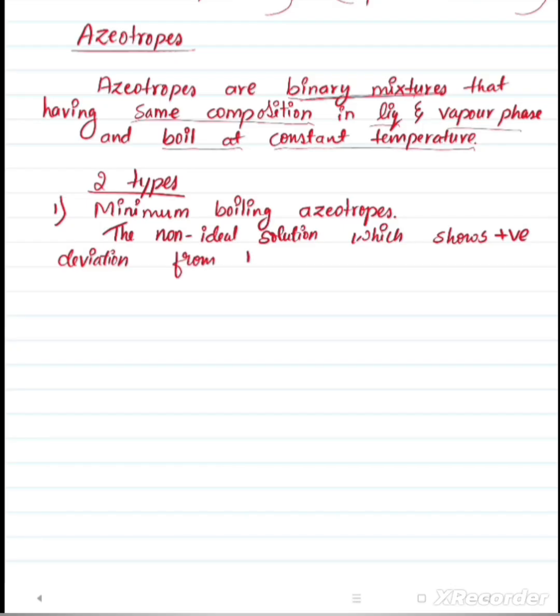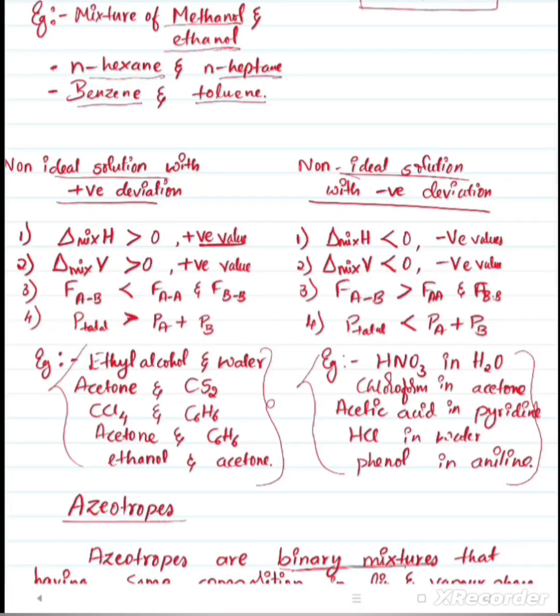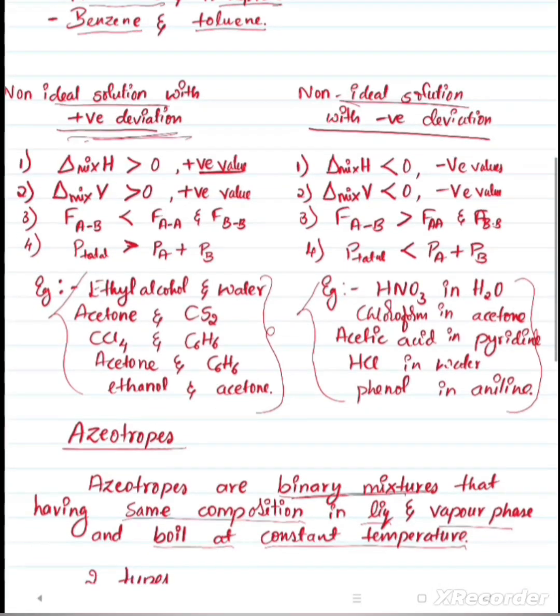Minimum boiling azeotropes means the non-ideal solution which shows positive deviation from Raoult's law. Okay, the one which shows positive deviation from Raoult's law, that one we'll call minimum boiling azeotropes. Remember, we already studied the difference between positive and negative. This one also we call minimum boiling azeotropes.